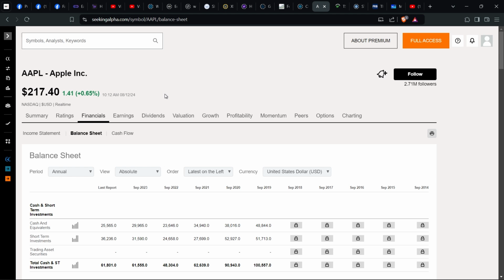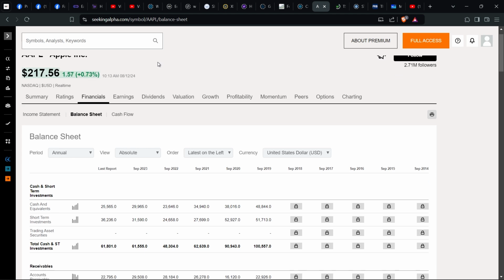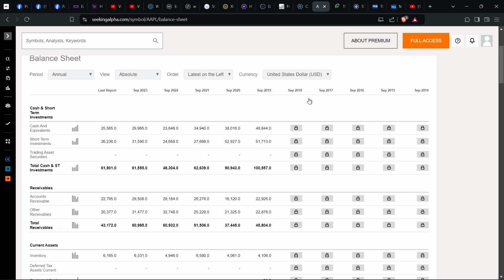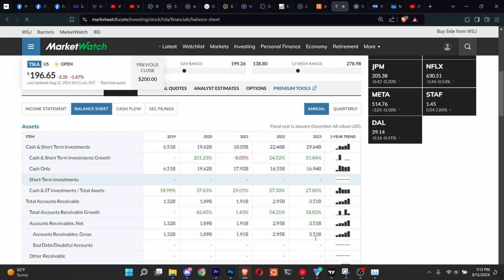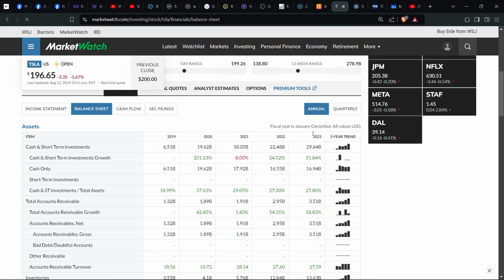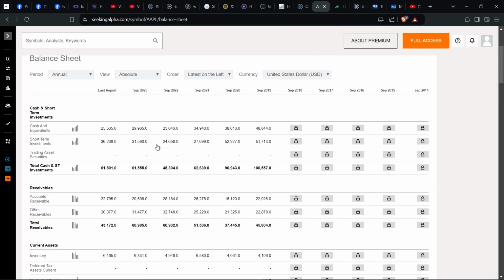The reason why I am on this website is because you can see this is a bigger view of the numbers compared to what was here. This is going only back to 2023, and also there's the arrangement. You can see on this balance sheet, the latest numbers are on the extreme right, but on this one, the latest numbers are on the extreme left.